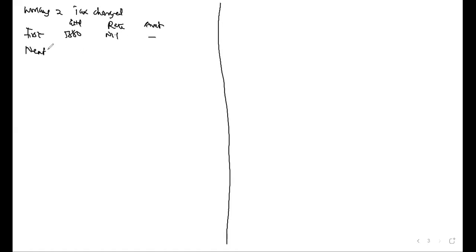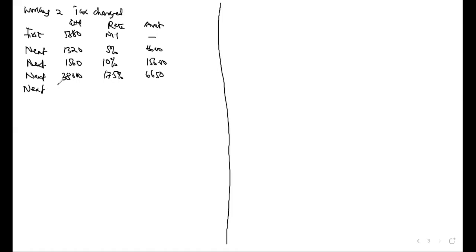The next 1,320 is 5%, this is 66. Followed by 1,560 at 10%, this is 156. The next 38,000 is 17.5%, this is 6,650. We move to 192,000 at 25%, this is 48,000 Ghana cedis.